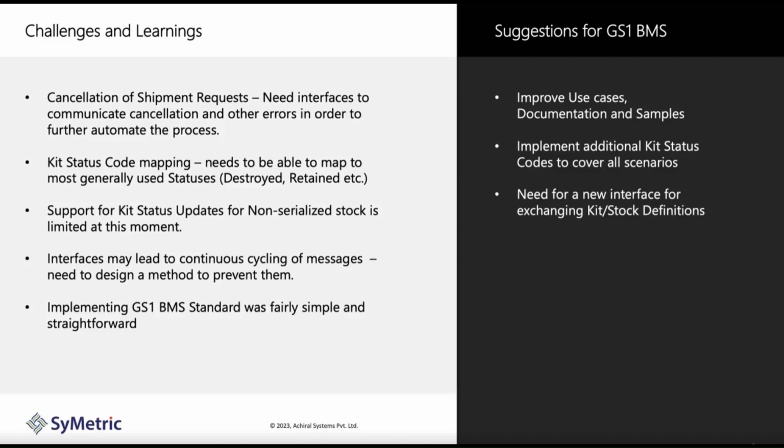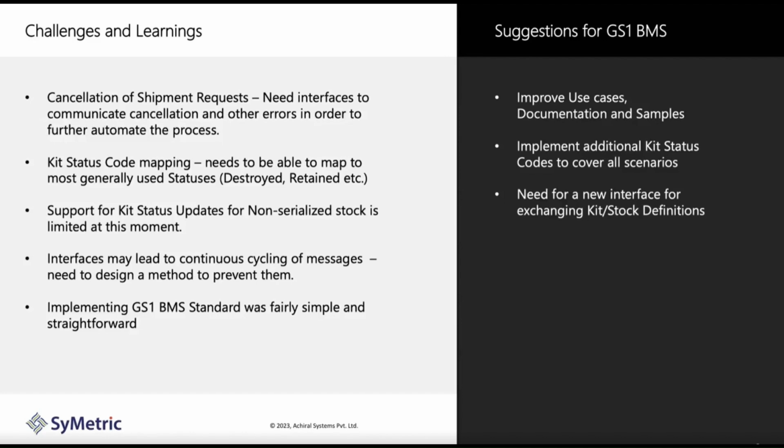Right now there are some kit status codes which we typically see in clinical trials that are missing from GS1, some of them being statuses like retained or anything else specific to clinical trials, which GS1 doesn't support right now. And these again would be included or updated in the upcoming release in April. And I think Preeti would cover a little more about the future enhancements on the GS1 part.